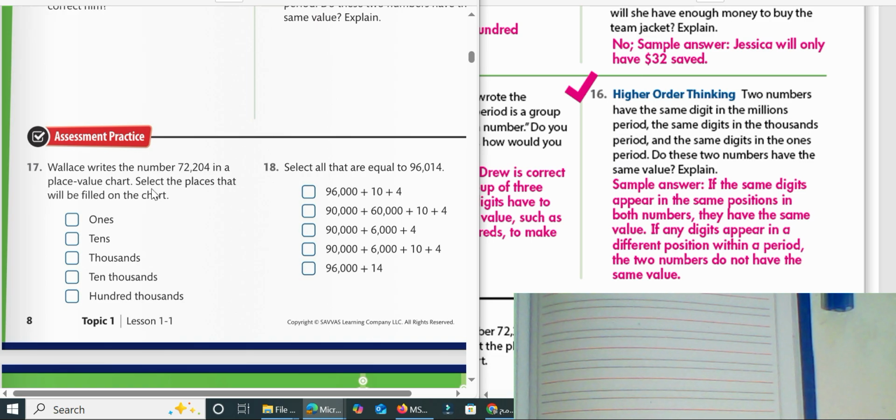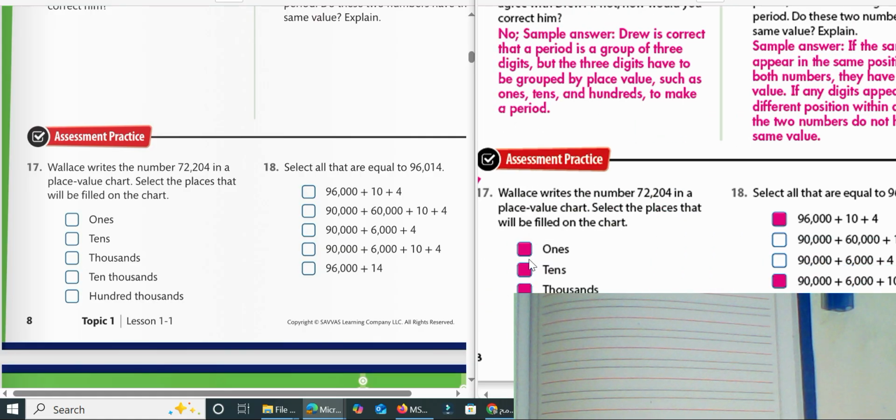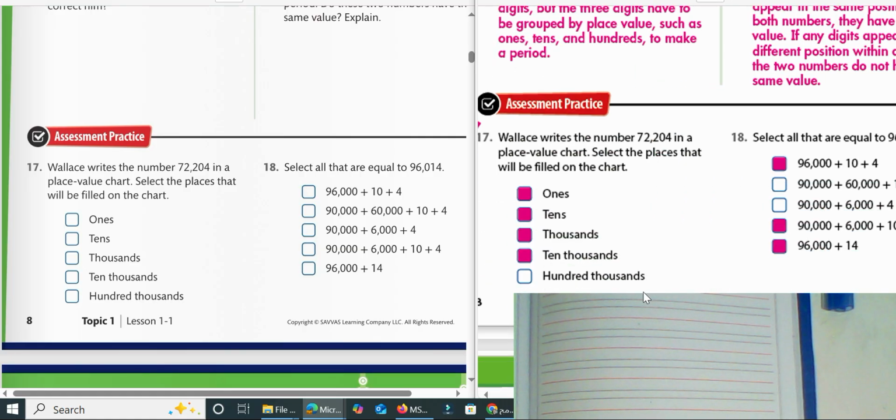Wallace writes the number 72,204 in a place value chart. Select the places that will be filled in the chart. We have ones, tens, and we have thousands, ten thousands, hundred thousands. Understood? We must check those, but we haven't here 100,000, so we can check ones, tens, thousands, ten thousands.